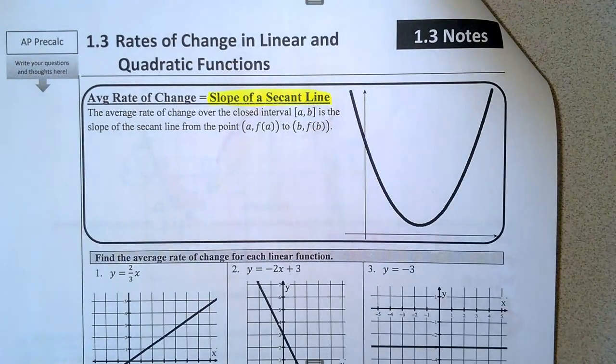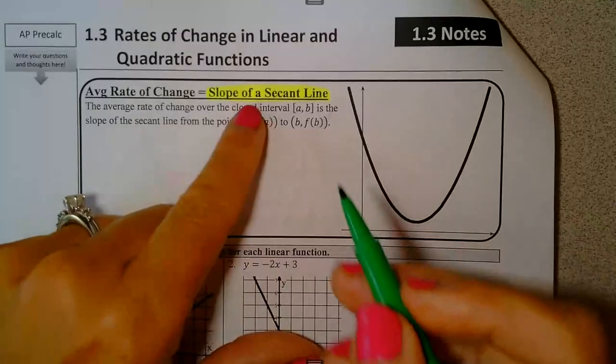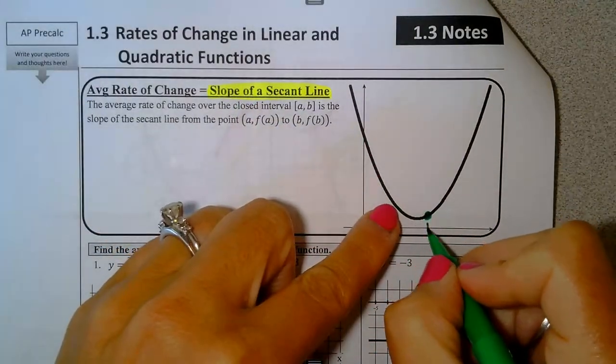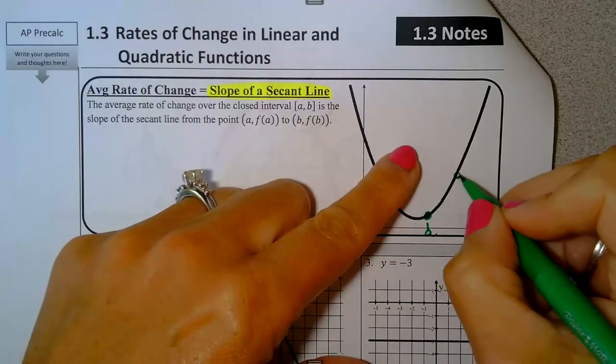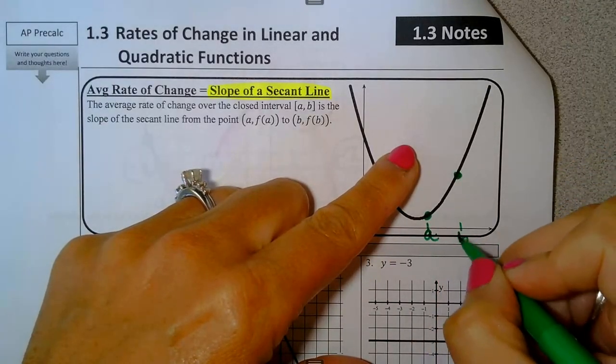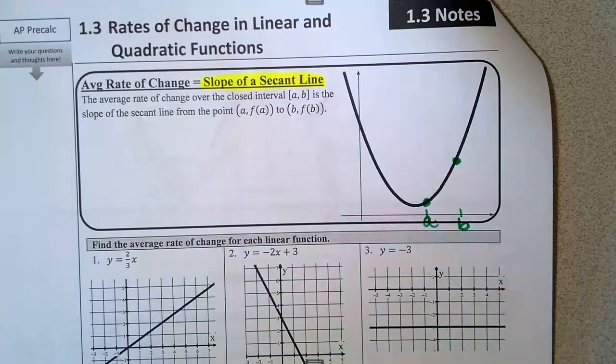Do you know on yesterday when we found a point and we drew a line through it to represent the slope? Yeah. Okay, same type of thing. With this, it's a secant line. Let's pretend like this is point A and this is B. Okay, we have A and B, and those are my 2 points.